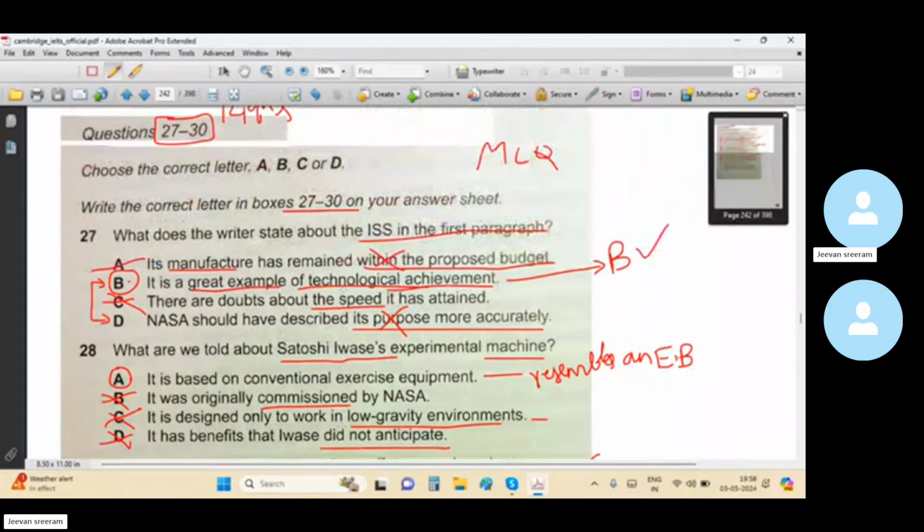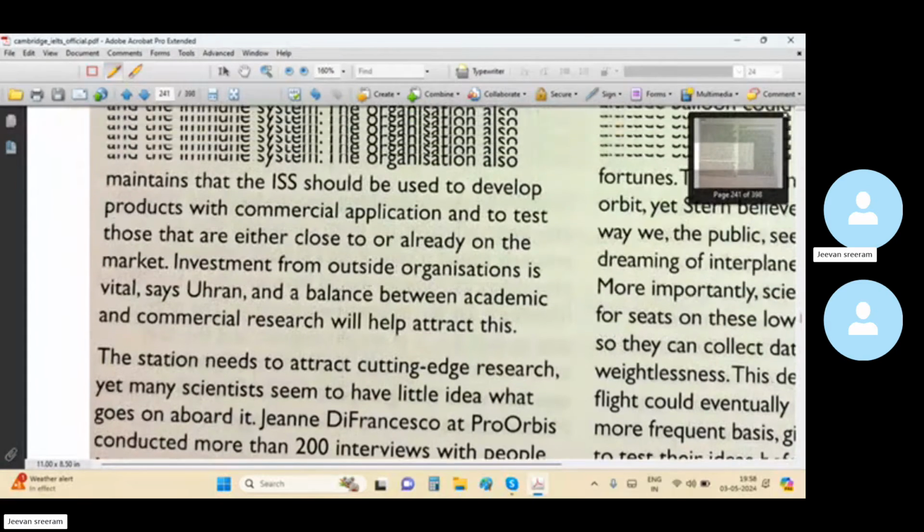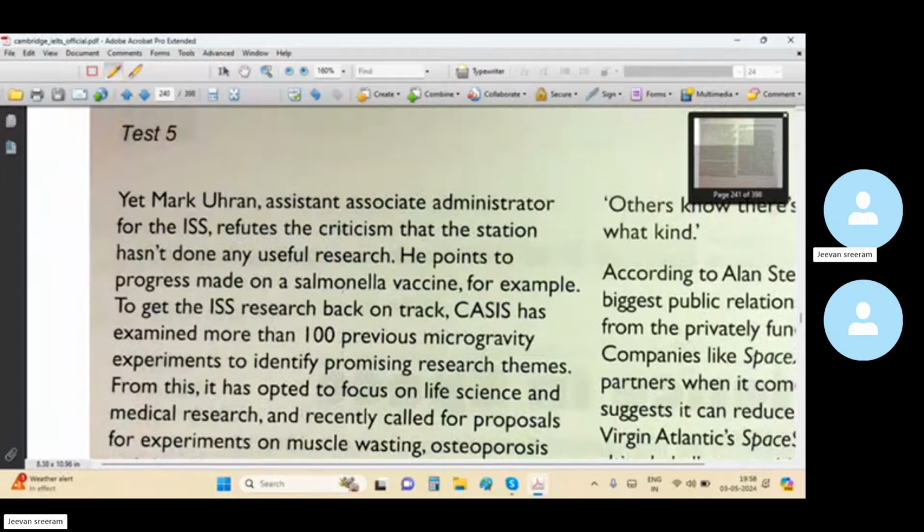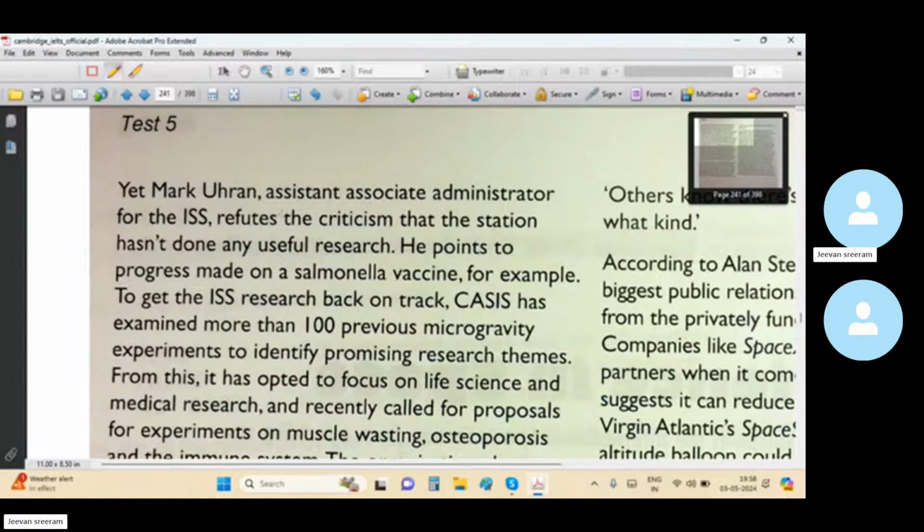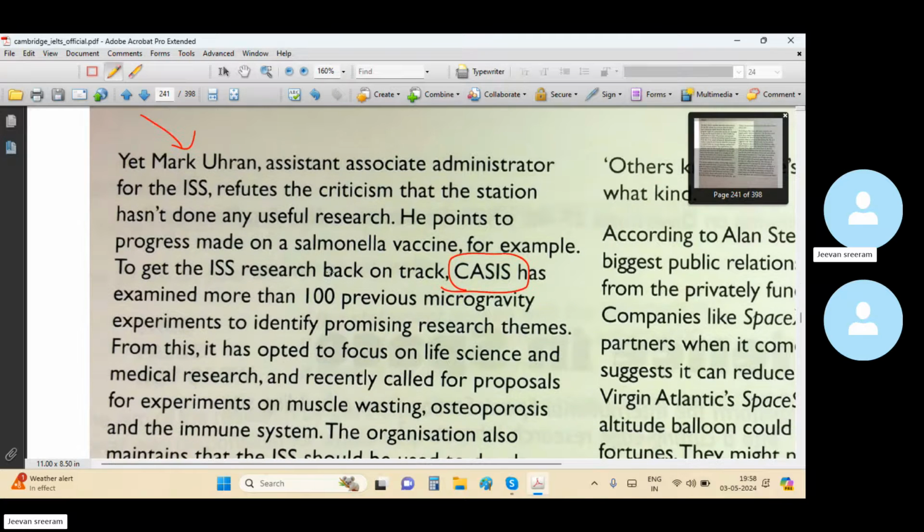In the next paragraph, definitely, because questions follow the passage order. Yes, we have additional information about CASIS in the next paragraph also. If you have underlined keywords in the passage as you read through it, that would definitely help you get back to the relevant information quickly. That saves your time.